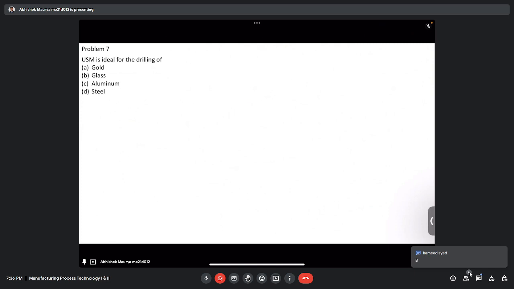So for ultrasonic machining, I have already explained. We are looking for a workpiece material which is hard and brittle. If the workpiece material is ductile, then we cannot remove the material, we will only be deforming it plastically.